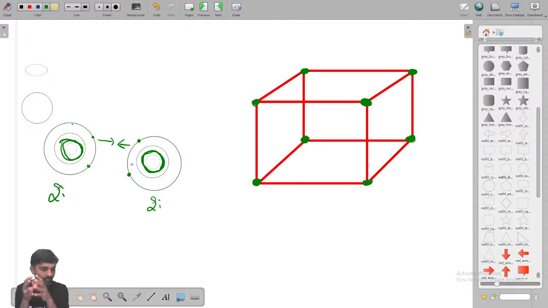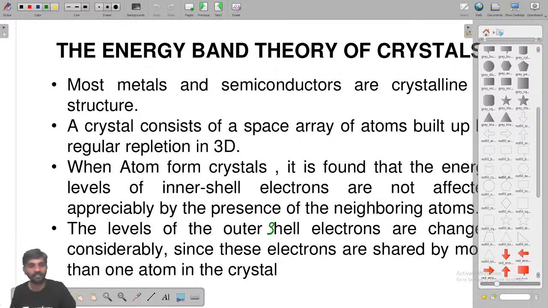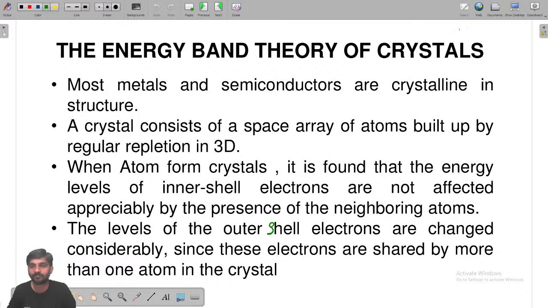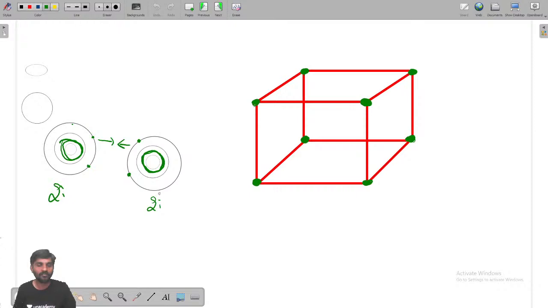Clear? So when they come closer, see, the levels of the outer shell electrons are changed considerably since these electrons are shared by more than one atom in the crystal. When you bring these two together, as I told you, this electron is shared by 3 other atoms.